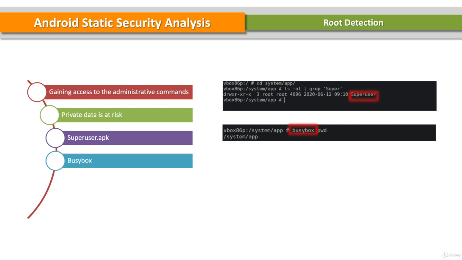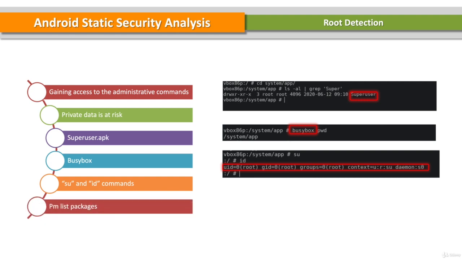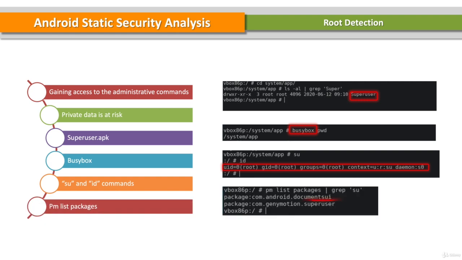The other technique is executing su and id commands and looking at the UID to see if it's root. Many developers search for specific package names related to the rooting of Android devices. pm list packages. This is a command that lists packages that are currently installed on the device.